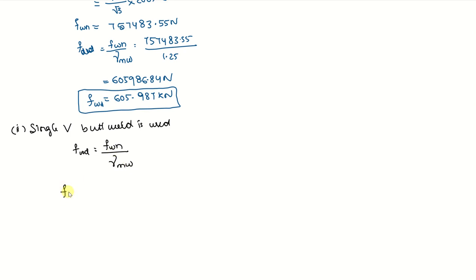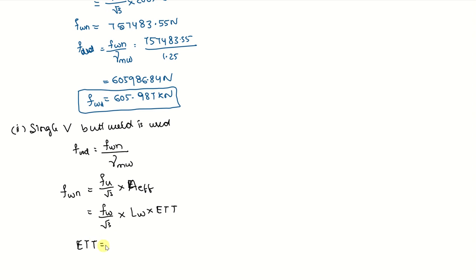So we have to find FWN again, which is Fu by root 3 into the effective area, that is the effective length of the weld multiplied by the effective throat thickness.